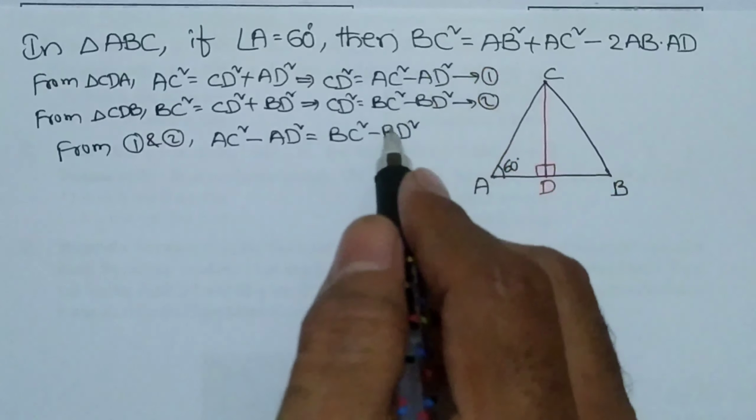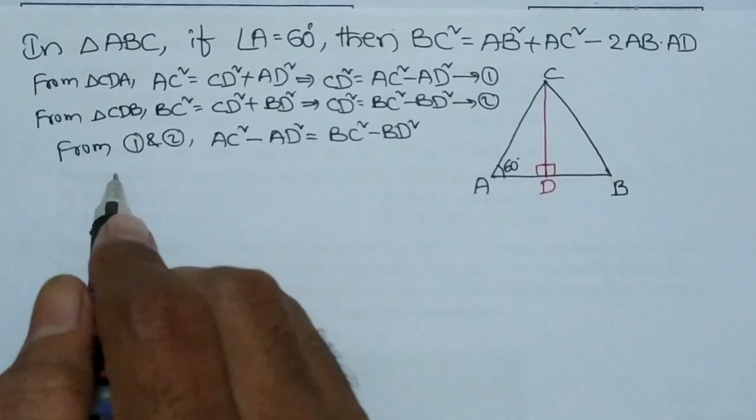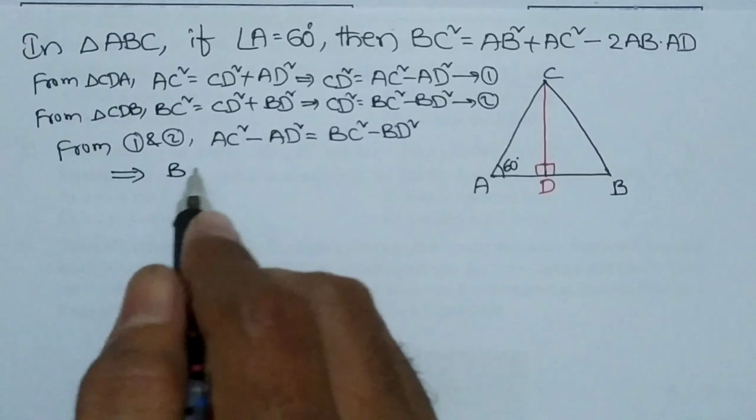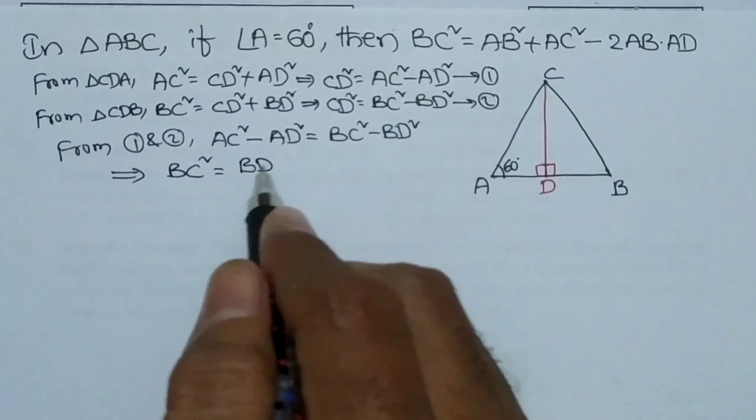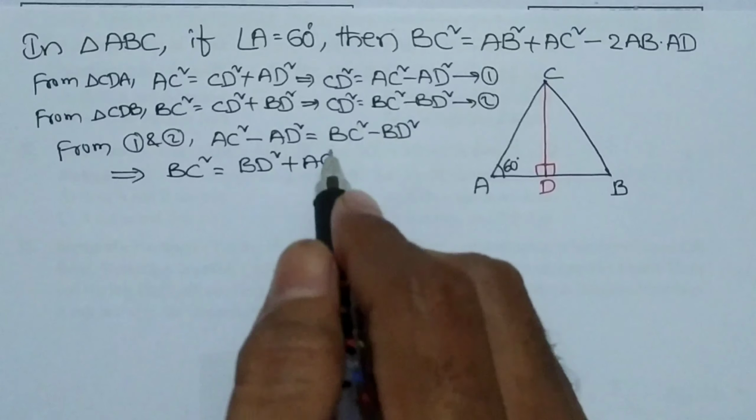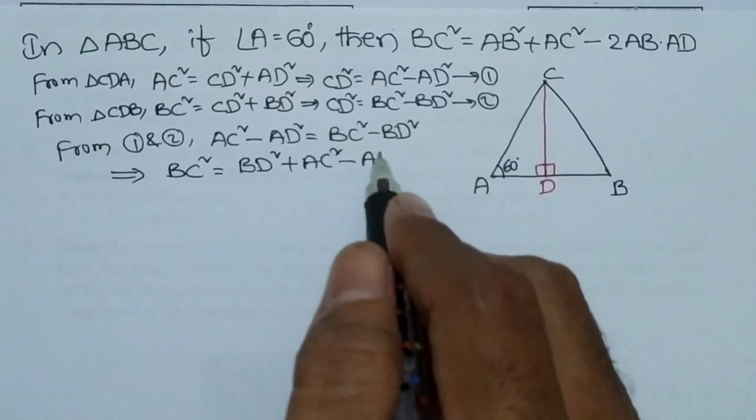As we need BC square here, let us send minus BD square to this side. So we can rewrite it as BC square is equal to negative BD square becomes positive BD square, BD square plus AC square minus AD square.